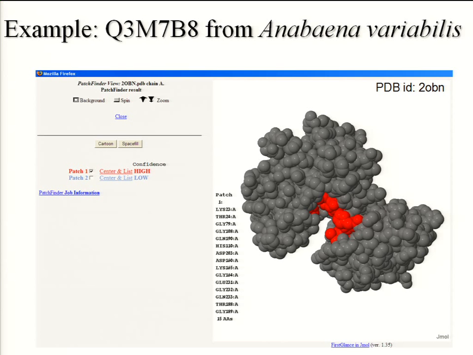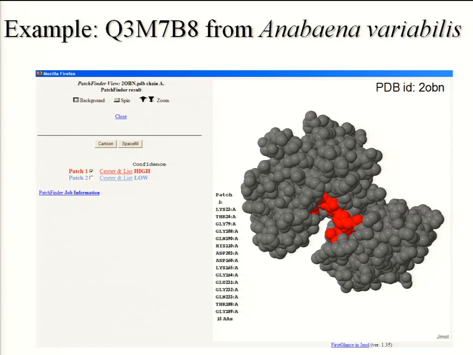There's another patch with low confidence, but I don't present it here. Another indication that it can be a functional region really is its location. It's in a concave region, where one could imagine that a ligand could fit here nicely, and indeed that's going to be the case.